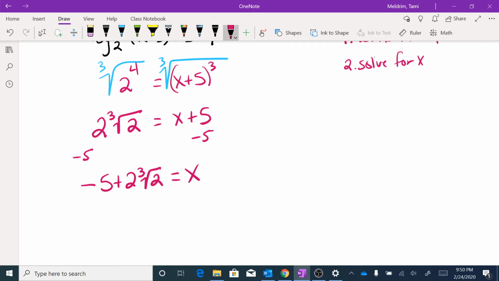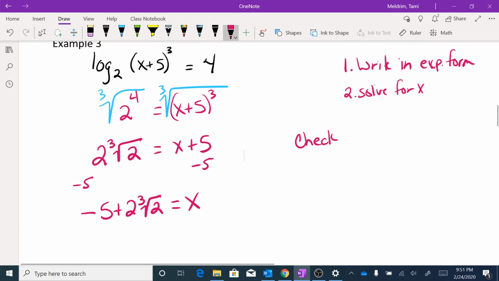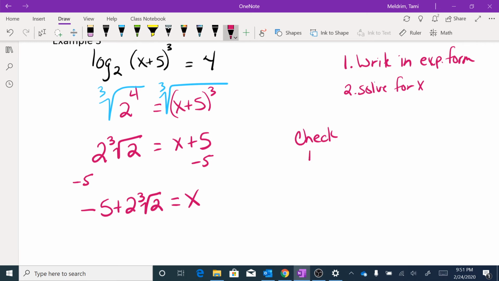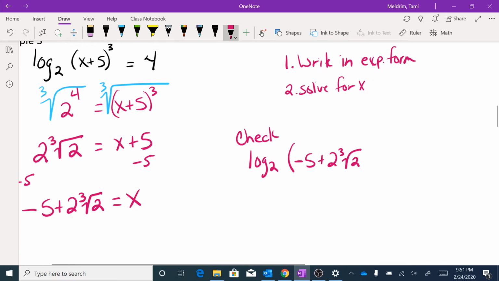So that looks very ominous. Let's go ahead and just check it. If we check it and see how that goes into our equation, I have log base 2 of my x, which is negative 5 plus 2 times the cube root of 2, that's all x. And look, we have plus 5. So here's my x plus 5, and that needs to be cubed and equal to 4.